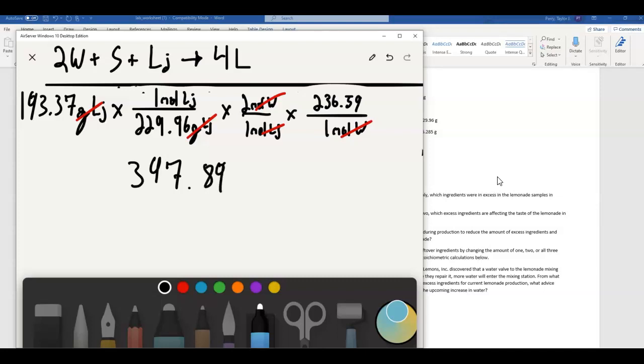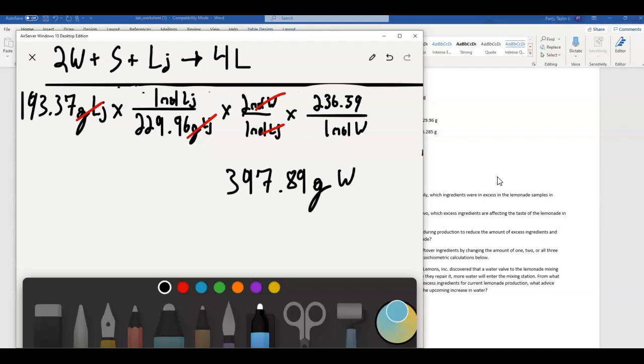I'm going to write that right here. 397.89 grams of water.